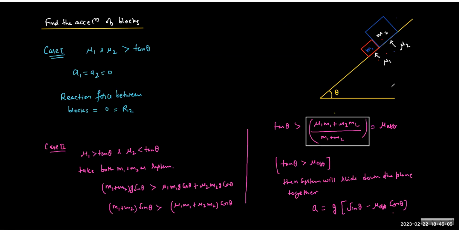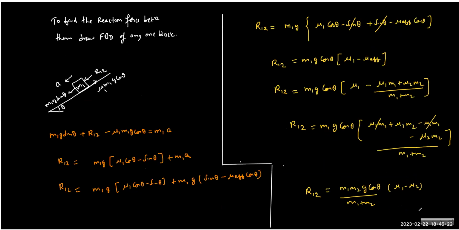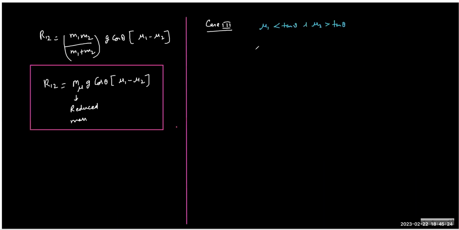If mu1 is less, only m1 will move and m2 will remain there, so m1 and m2 will never interact. m2 will be there only, because m1 will move and it will not affect m2 in any way. So in that case, it's only a one block problem. It is not a two block problem. So we can say a1 is g sine theta and a2 is 0. Is this clear to you guys? Tell me.